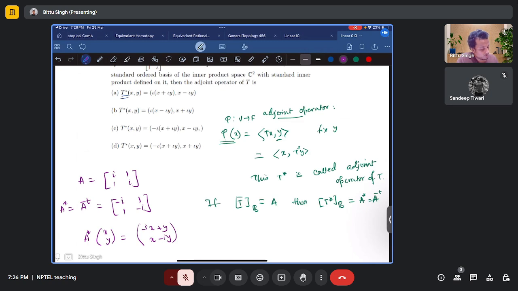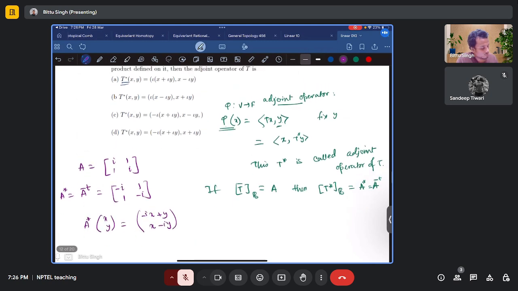So we need to write it in the given form, that is T star applied on (x,y) is the same as: first component is minus ix plus y, second component is x minus iy. Those two are matching. But if we take minus i common, this is the correct answer. Is it okay?